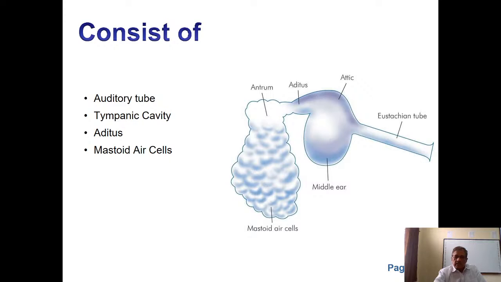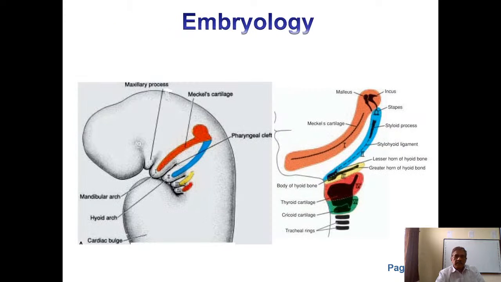Now, then we go to the embryology, the development. Usually, the pharyngeal arches are described. Each arch consists of an outer ectoderm, the middle mesoderm, and the internal endoderm.